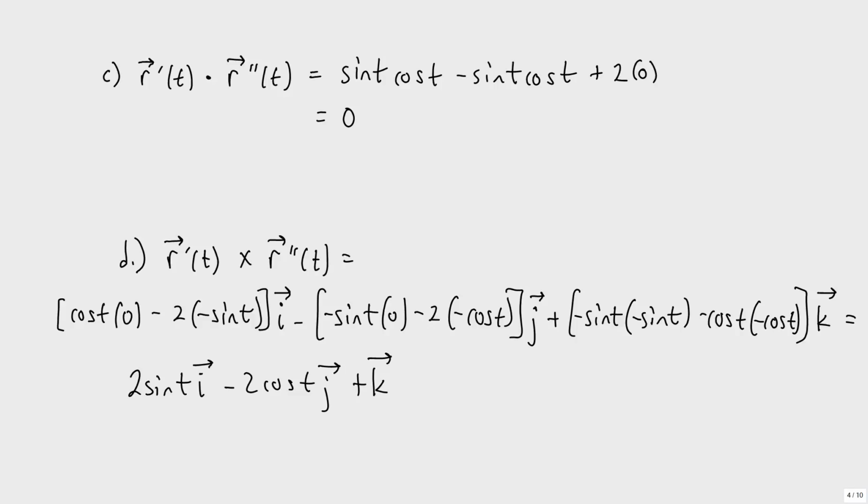You know, when you do the cross product, you're talking about a vector that's orthogonal to the two given vectors. So for any value of t, this output is going to be orthogonal to the first derivative and second derivative, evaluated at that same value of t, those two vectors.